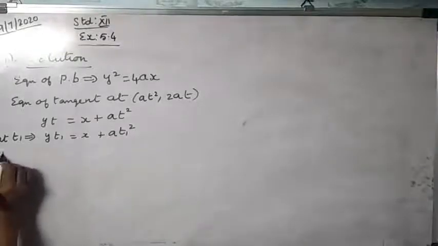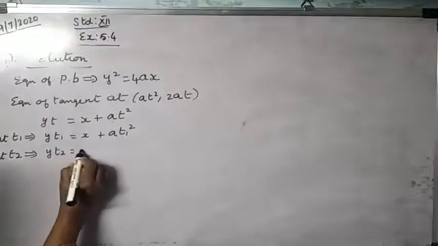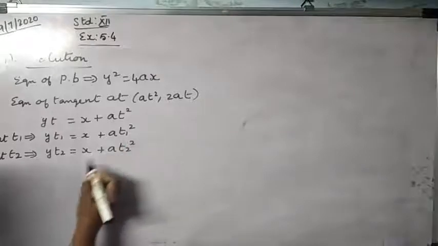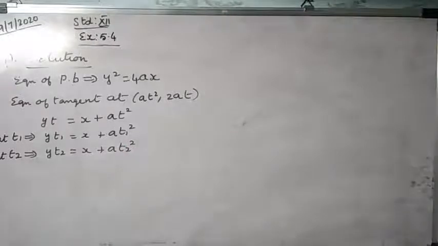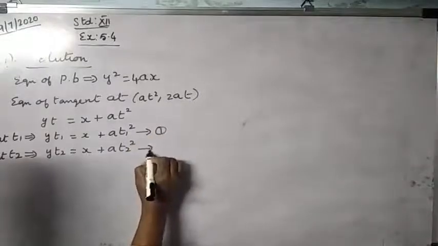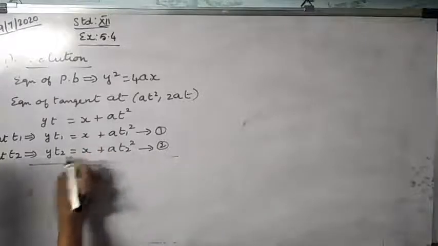And at t2 is y t2 is equal to x plus a t2 the whole square. Now if you want to find the point of intersection, go to elimination method. Take this as first equation and this as second equation. You just subtract, x will be cancelled.